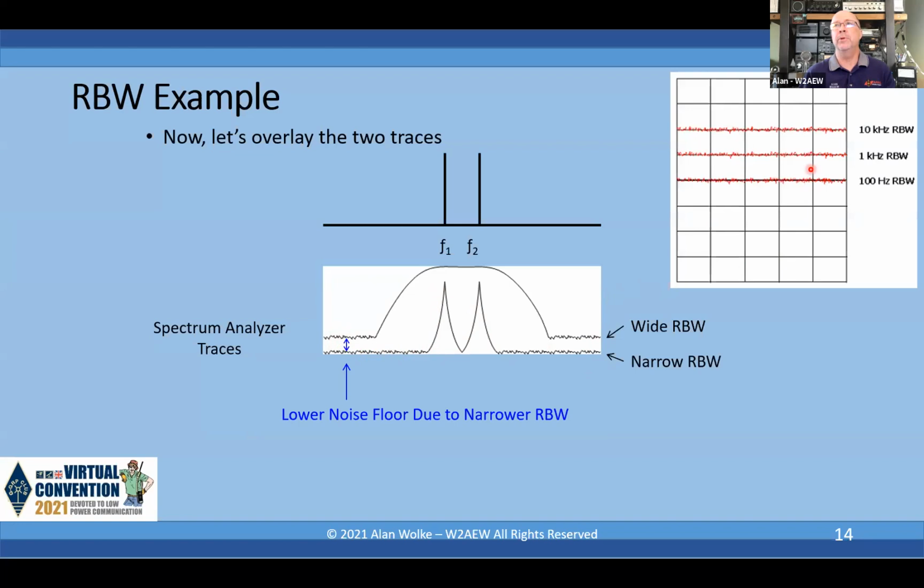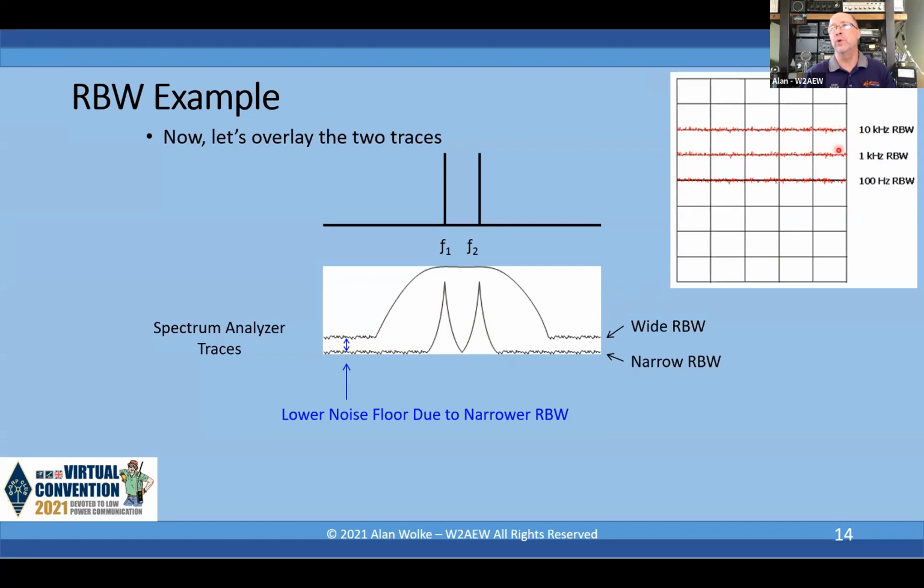So just as an example, here's a trace on a spectrum analyzer, just with no input connected. If you have a 10 kilohertz resolution bandwidth, the noise floor might be here. You reduce the resolution bandwidth to 1 kilohertz, that order of magnitude change in the filter also results in an order of magnitude, or a 10 dB change in power.